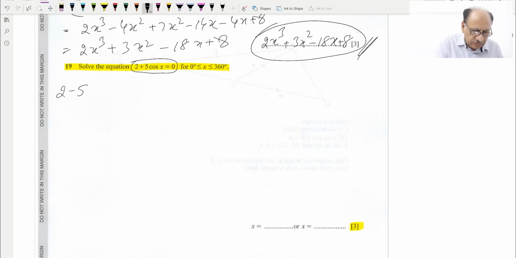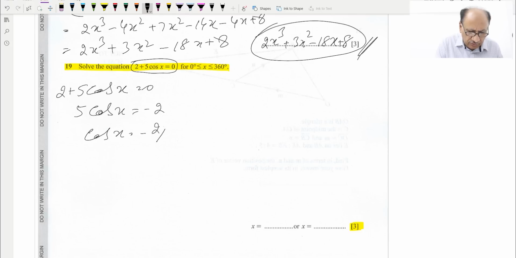So 2 plus 5 cos x is equal to 0. So 5 cos x will be equal to minus 2, and cos x will be equal to minus 2 over 5. So x will be equal to cos inverse of minus 2 over 5.